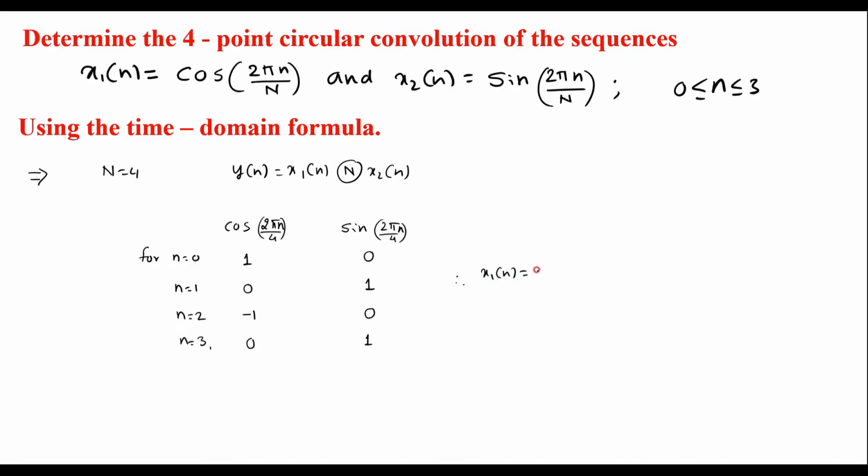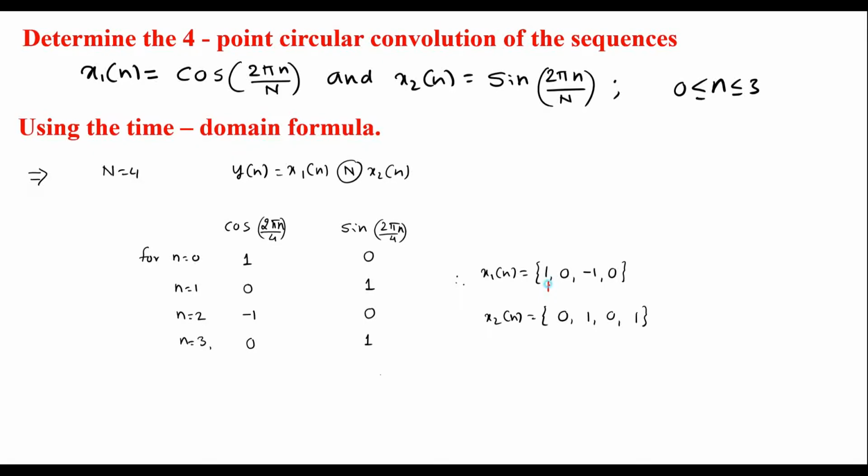x1 of n is equal to 1, 0, minus 1, 0, whereas x2 of n is equal to 0, 1, 0, 1.